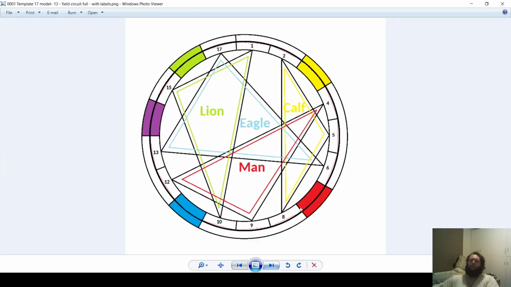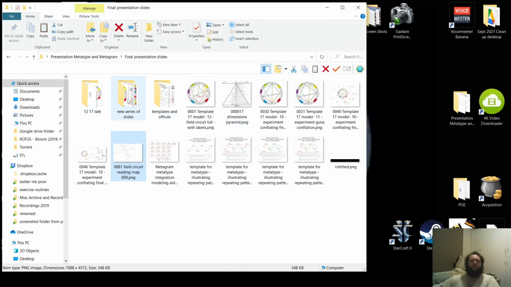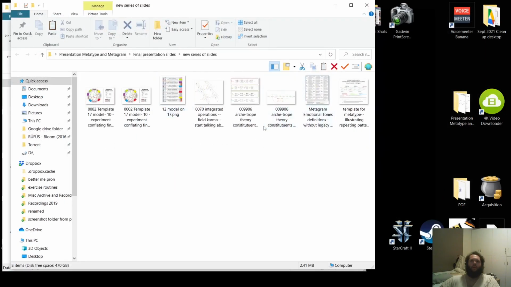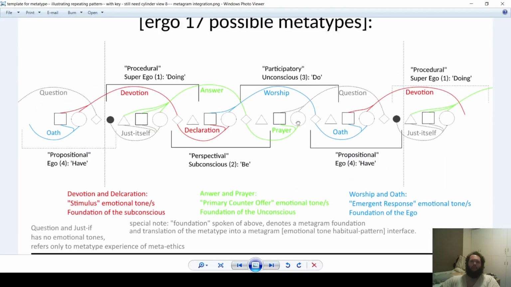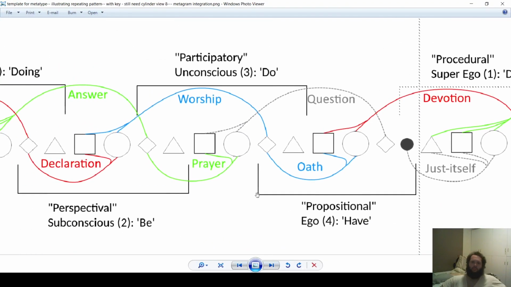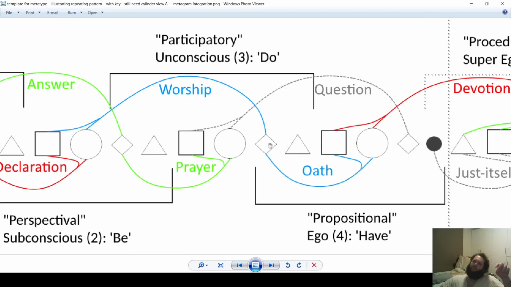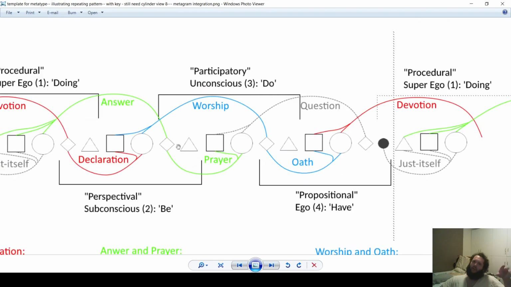I really don't want to condition this with weird speculation, but I might be generalizing it a bit too much, because in some sense, it might be that the emergent response might have the same elemental formula as what is opposed to that. So this will either be alchemically opposed, or perhaps it'll be opposed within the field circuit.